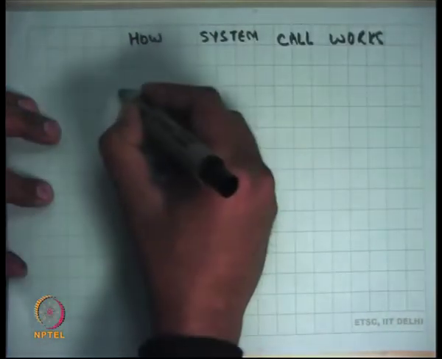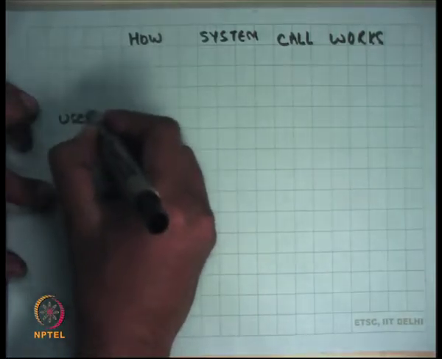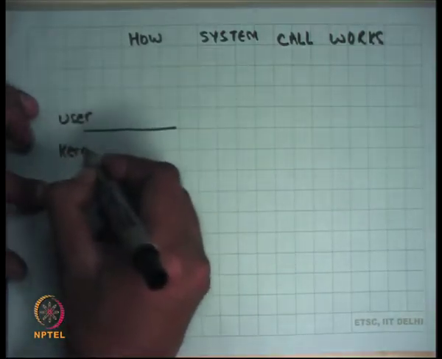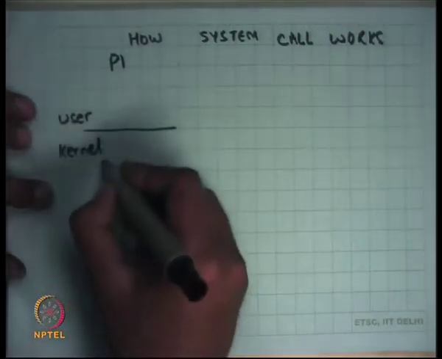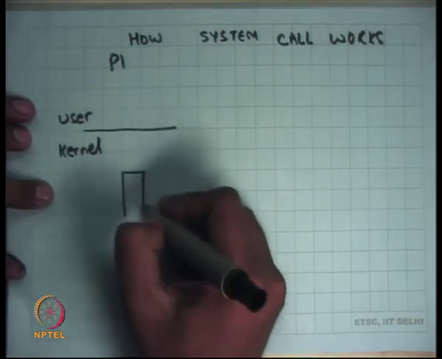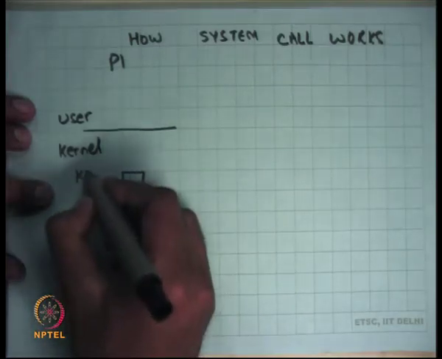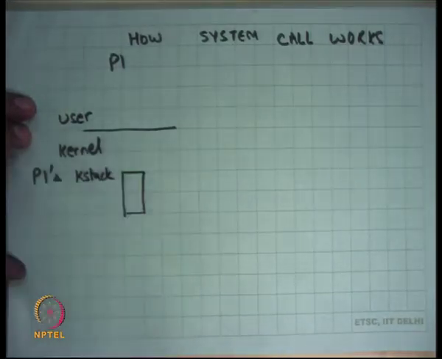Let's say this is user space, and this is kernel space, and this is a process P1. In the kernel space, every process has a stack. Let's assume xv6's process model, so every process has a separate kernel stack, P1's K stack.